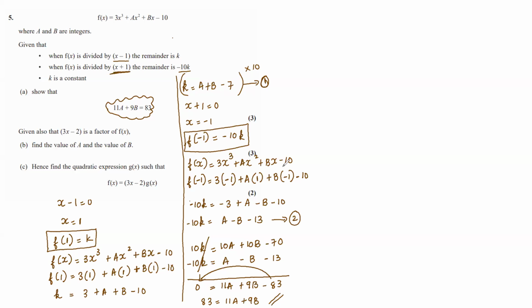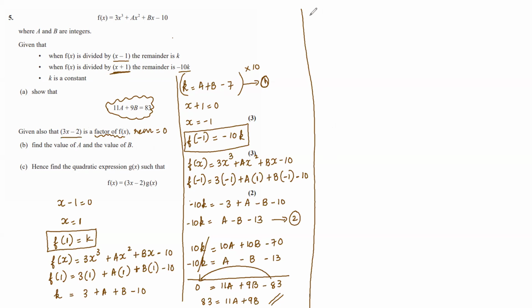Now, for the next part here, it is mentioned that given also that 3x minus 2 is a factor of f of x. If it's a factor of f of x, that means the remainder is 0. As we did for the first two, x minus 1 and x plus 1, we will do the same thing.